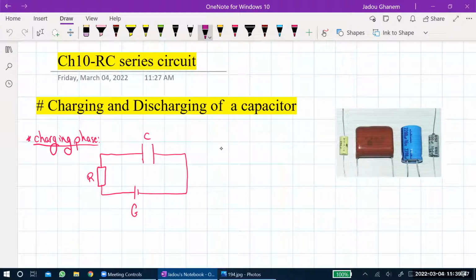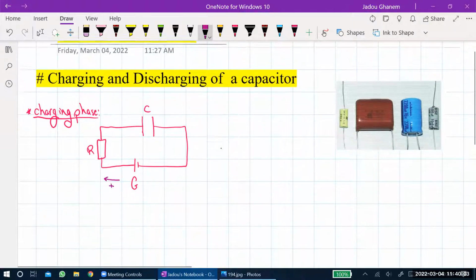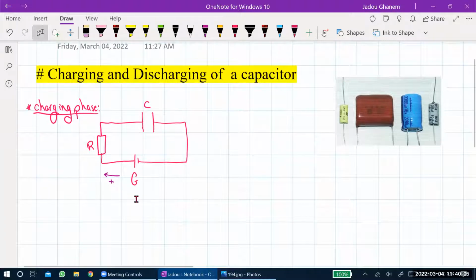Usually we need to specify a positive sense as usual. Later on, we will see why we need that. Let's take the positive sense similar to that of the current flowing in this circuit. First of all, in the charging phase, we can assume the main voltage of this battery, so let's try to write some givens here.